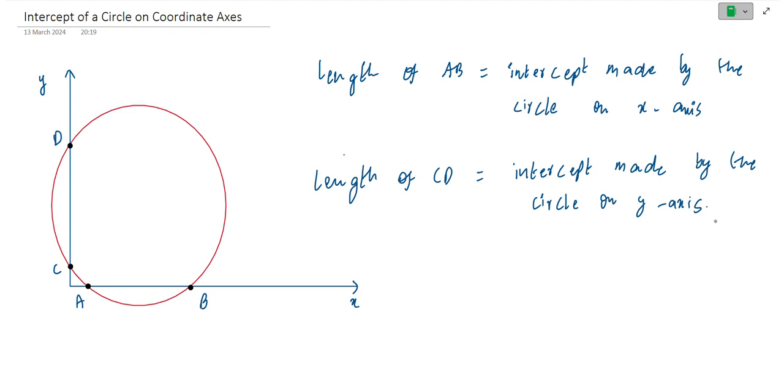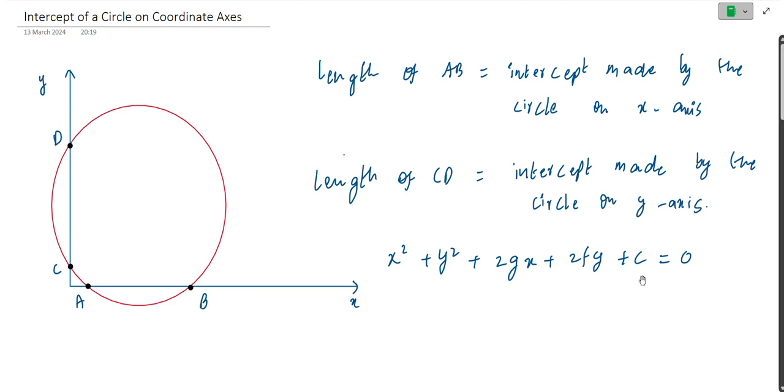So let us assume that the given circle has the equation x square plus y square plus 2gx plus 2fy plus c is equal to 0. This is the general equation of a circle with center minus g comma minus f and radius under root g square plus f square minus c.